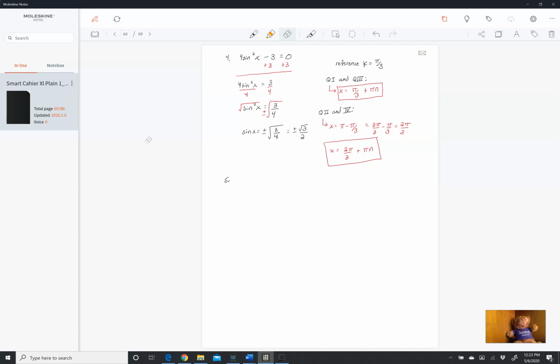Let's take cotangent of x cosine squared x is equal to 2 cotangent of x.